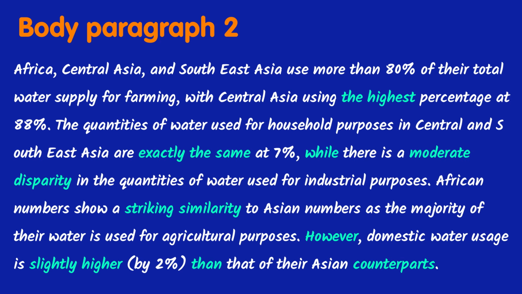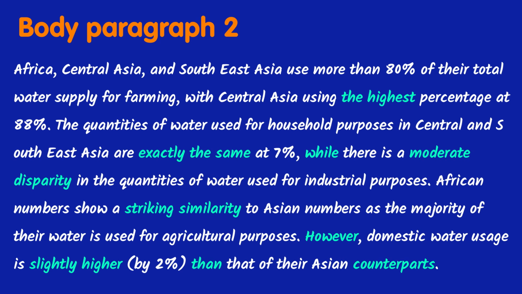I'm talking about Africa. So the last sentence refers to the striking similarities for African numbers and Asian, but the only difference here is for, let's say, domestic purpose, which is 2% higher than the other two countries.